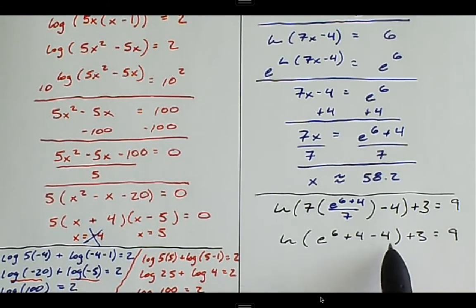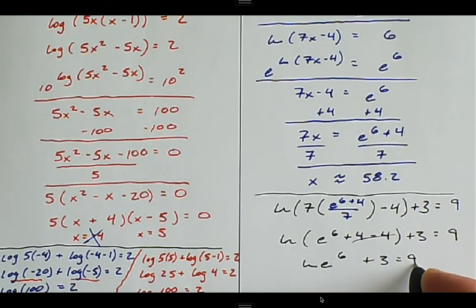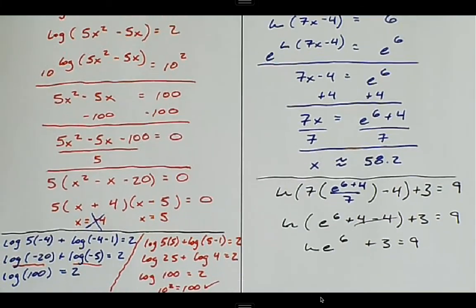The positive 4 and minus 4 cancel out, and we're left with the natural log of e to the 6th plus 3 equals 9. Then we can take the value out of the exponent, and the natural log of e is 1. So we get 6 plus 3 equals 9, and then we get 9 equals 9.